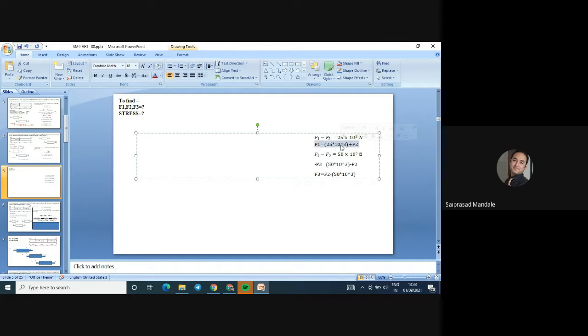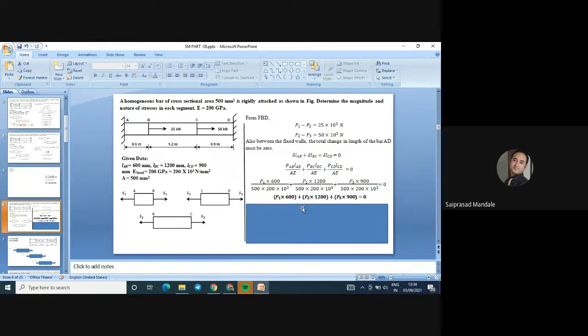So we have the value of F1 in the form of F2. We have the value of F3 in the form of F2. Can I pick this value F1 in the form of F2 and F3 in the form of F2 and put this in that equation so that I can have the value of F2?